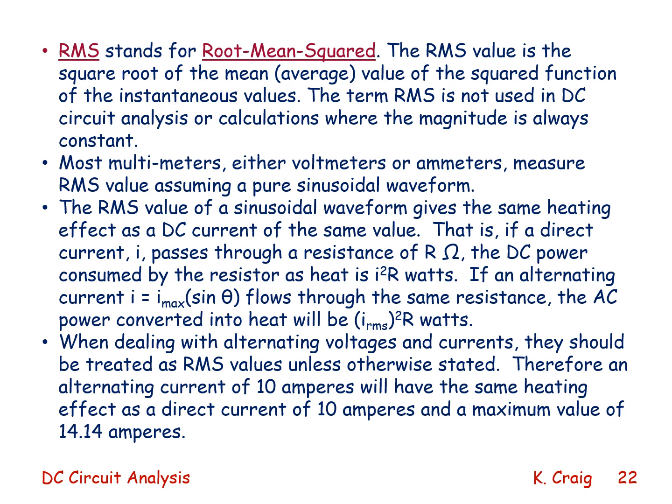When dealing with alternating voltages and currents, they should be treated as RMS values unless otherwise stated. Therefore, an alternating current of 10 amperes will have the same heating effect as a direct current of 10 amperes and a maximum value of 14.14 amperes.